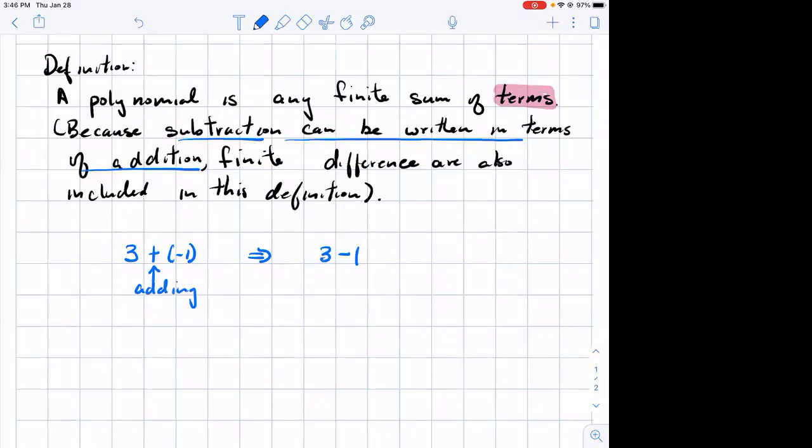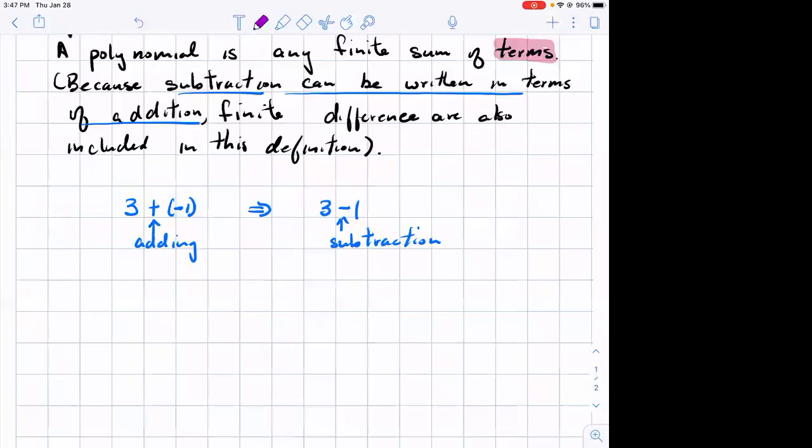But when you combine this positive and a negative, now it becomes a subtraction. I have a video on signed numbers. You can look at that video to understand more, but that's basically what it means. So when we talk of a polynomial, we're saying a polynomial is a finite set of terms. Finite meaning countable, okay? It's a countable set of terms.